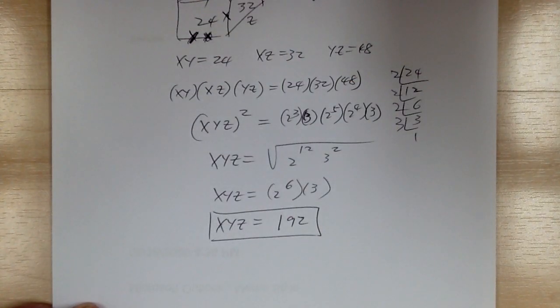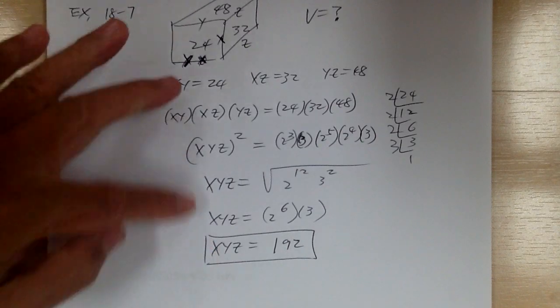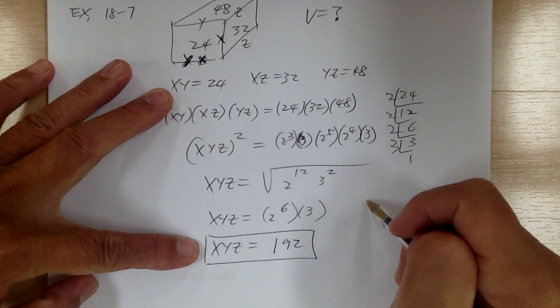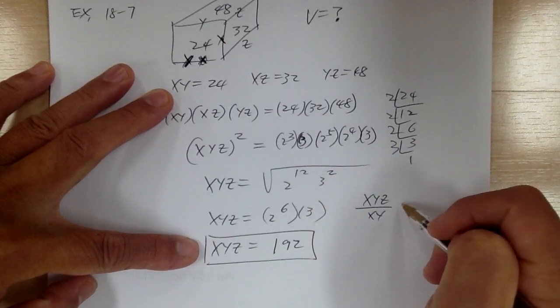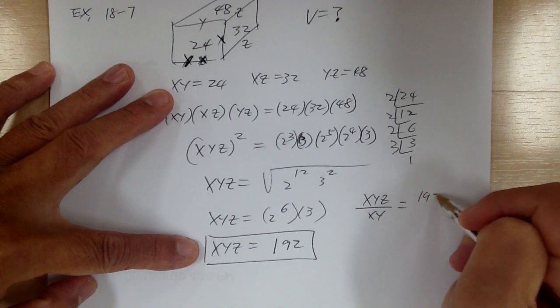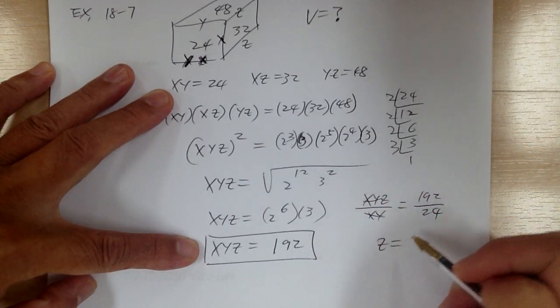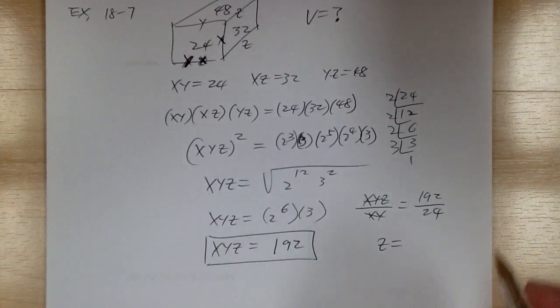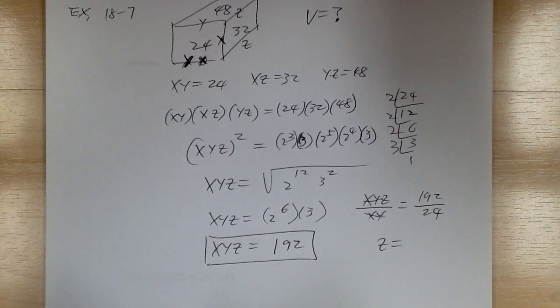Now, in case the problem asks you to find x, y, z, once you find this, you can use this over here, divide by that. So xyz over xy equals 192 over 24, and so this cancels out, so z will equal, get your calculator, I believe it's 8.